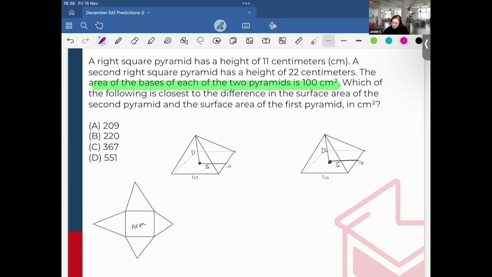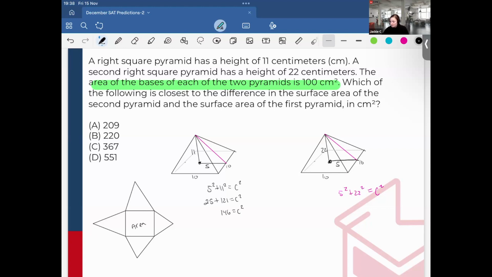Then with this, I can calculate the slant height of our pyramid by doing quickly the Pythagorean theorem, 5 squared plus 11 squared equals c squared, and same here, we would do 5 squared plus 22 squared, which will be equal to the slant height. So in this case, we have 25 plus 121 equals c squared, which is 146 equals c squared.